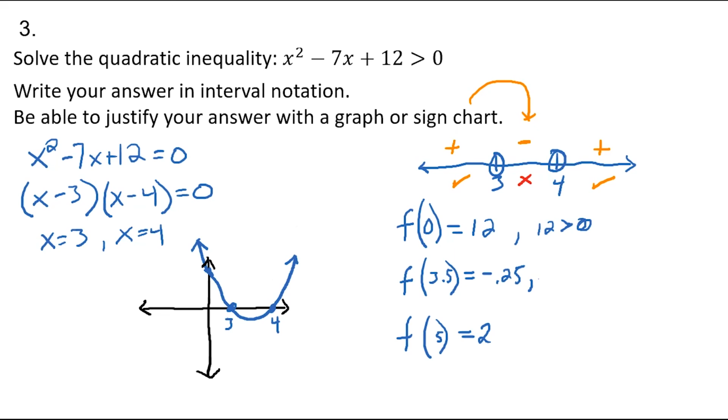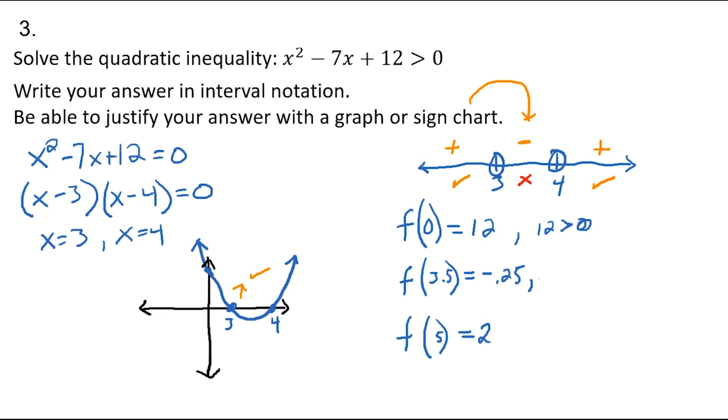But look at our inequality. We want all of the outputs that result in something greater than 0. So when I look at the graph, everything above the x-axis is what we want.